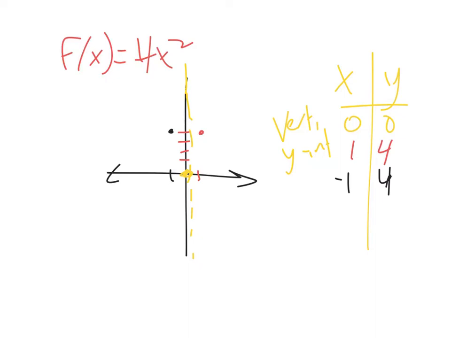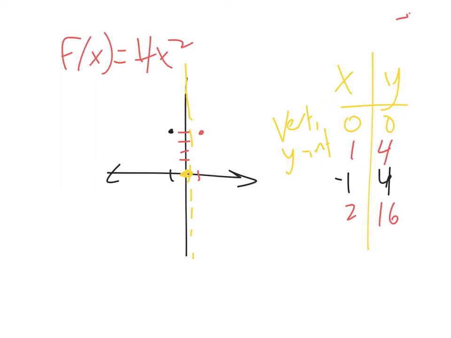I went 1 away from the axis of symmetry. Now, my next move is I'm just going to have to go 1 further away from the axis of symmetry. So what should I choose for x? 2. So I plug 2 in, and you square 2 times 4. What does that give me? 16. Now that's off my grid already. I'm running out of room already.